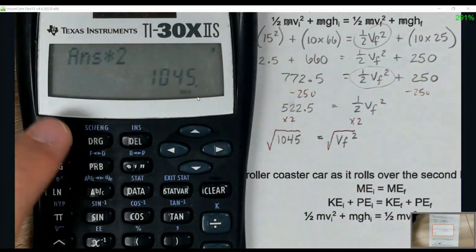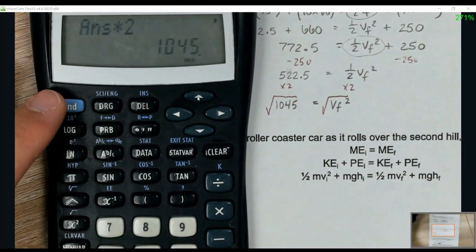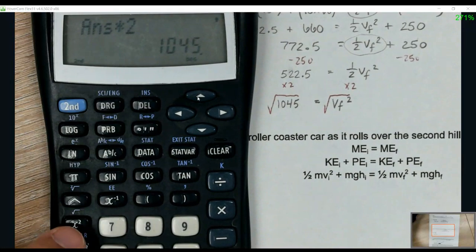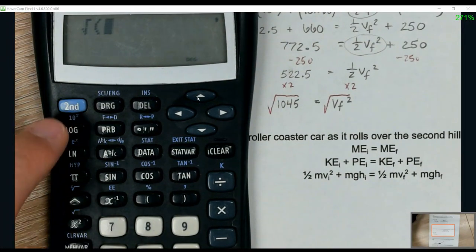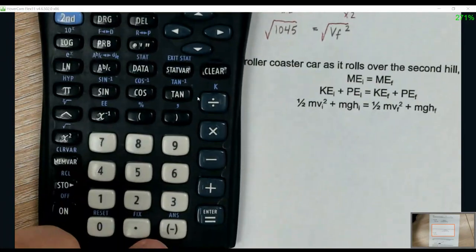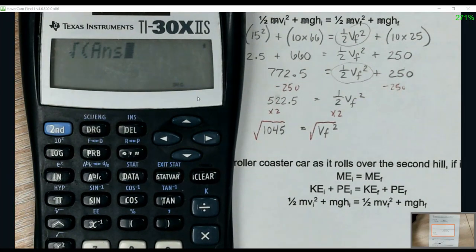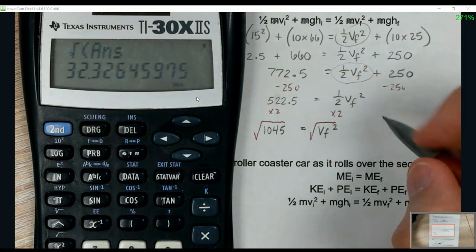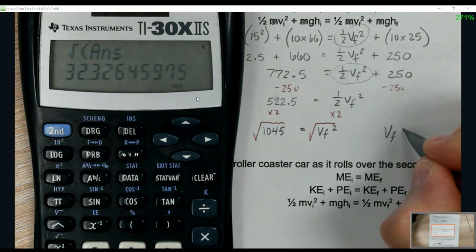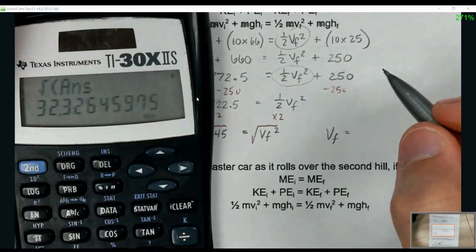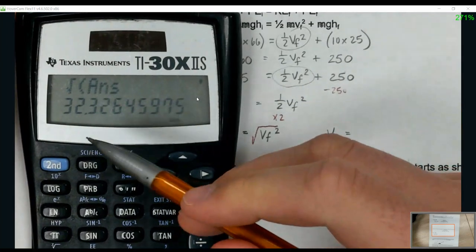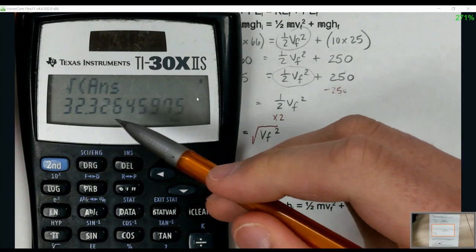So we can hit on this calculator the second x squared, second answer, and it will give us our last calculation, which should have been the 1045. And this kicks out a final velocity of 32.326.